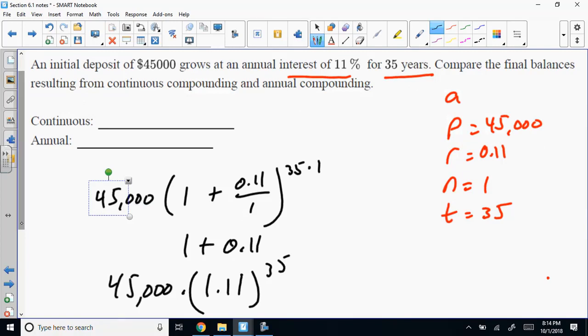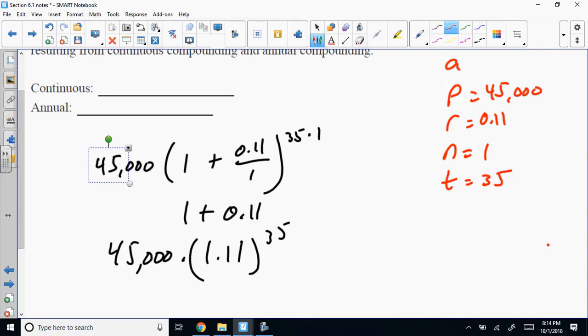Y'all see what I'm doing here? I'm using the compounding formula. But 0.11 divided by 1 is nothing more than 0.11, so 1 plus 0.11 is 1.11. 100% is 1 plus 11% growth raised to 35. So it's really the A times B raised to the T, right?